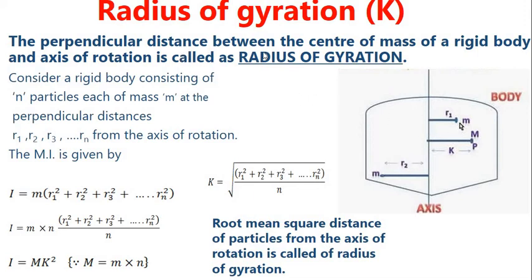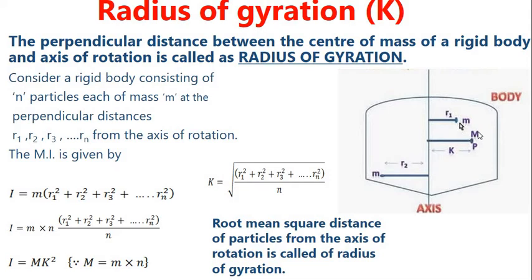The perpendicular distance between the center of mass of a rigid body and the axis of rotation is called the radius of gyration. Once again, say this is the axis of rotation, YY dash. Here P is the point where the entire mass of the body is assumed to be concentrated.